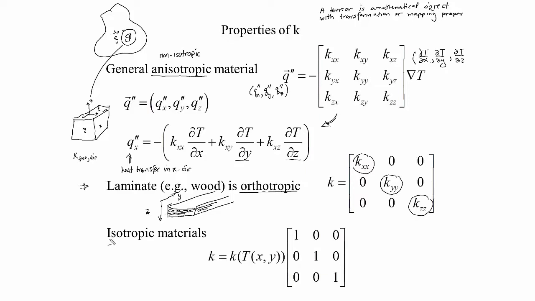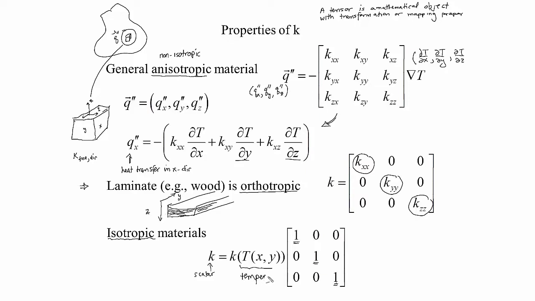In this class, we're really just going to focus, because we're really trying to just understand basic issues in heat transfer physics, on so-called isotropic materials. That is, materials that in any direction that I look, the material property is the same. So this says that the thermal conductivity looks like a scalar, behaves like a scalar, and in such a way that, again, in any particular direction, it really has the same value, although it might be a function, for example, of the temperature.